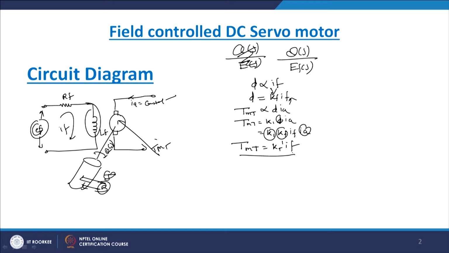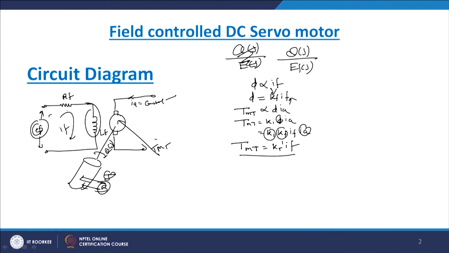The other part, we are observing, involves RF and LF. This part we have to solve, and here there is no need to solve the armature part because the armature current is constant. If you see the previous part, the armature controlled DC servo motor, we solved the armature circuit RA, LA. But here we have RF and LF because the field is varying and I is constant, therefore we apply Kirchhoff's law to this particular part.